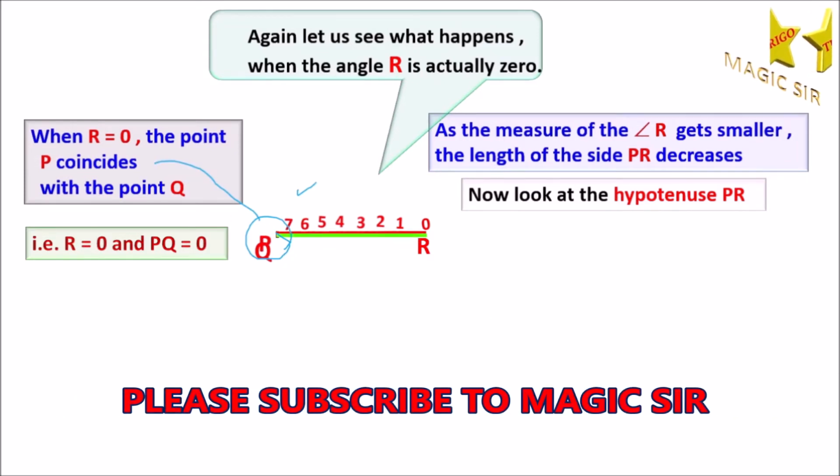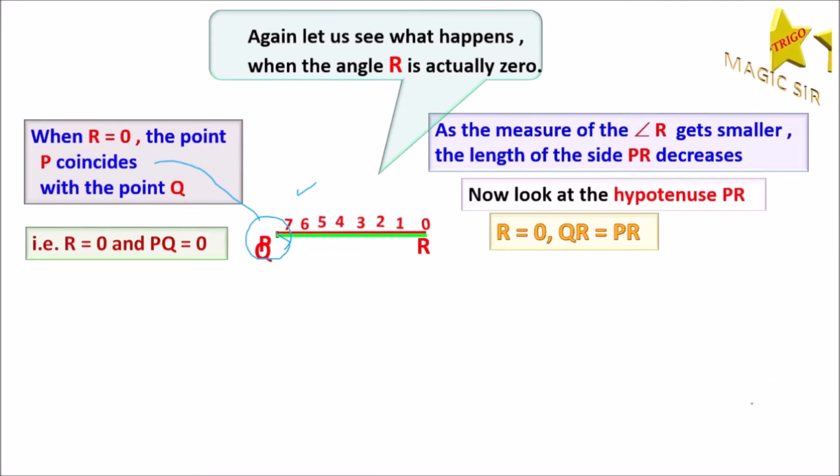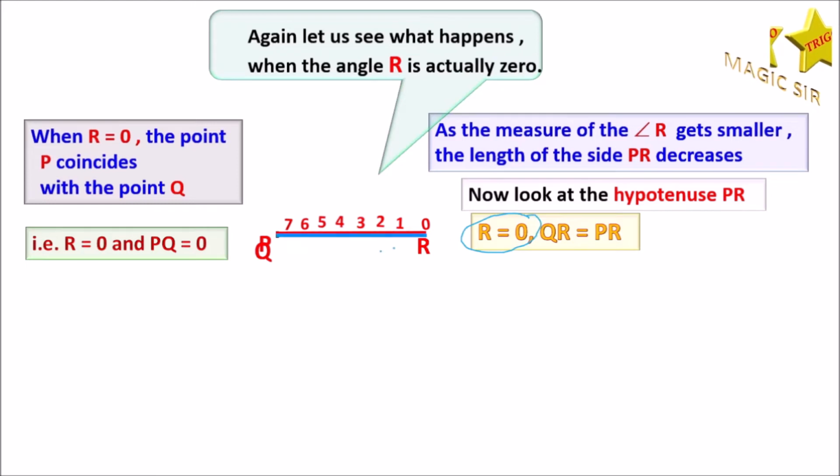Remember that here we have taken R equal to 0. So PQ equal to 0 and QR equal to PR.